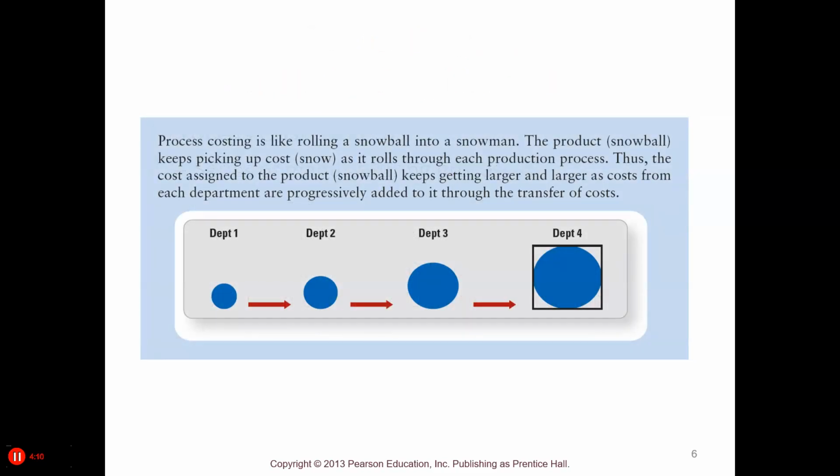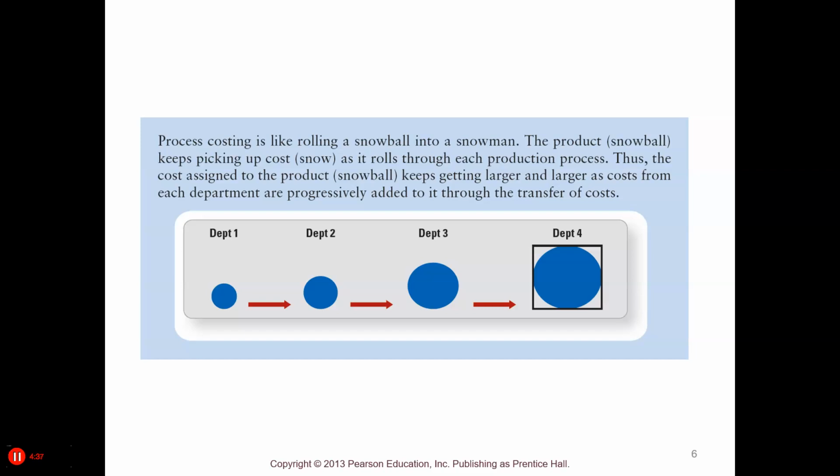You start in department 1, and then we add on more material, more conversion costs. You remember that. That is direct labor and overhead. Then we get to department 3, and we add on more costs. And then we get to the final department, which usually is finishing. And that would be the completed product, which then transfers to finished goods. So the departments are all within work in process.